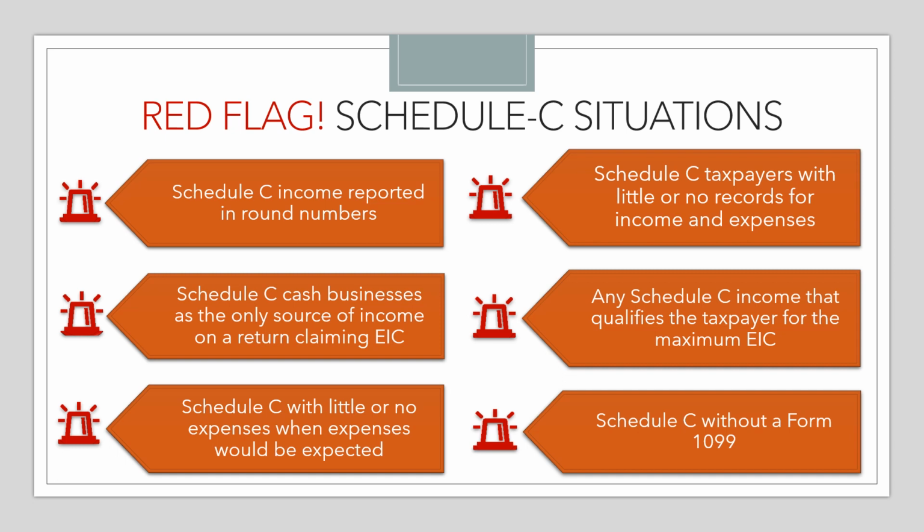It's variable with the type of income, but generally there's going to be something. So a Schedule C taxpayer, again, with little or no records for their income or expenses, to be honest, this isn't actually all that uncommon, and it doesn't always mean that somebody's trying to commit fraud.